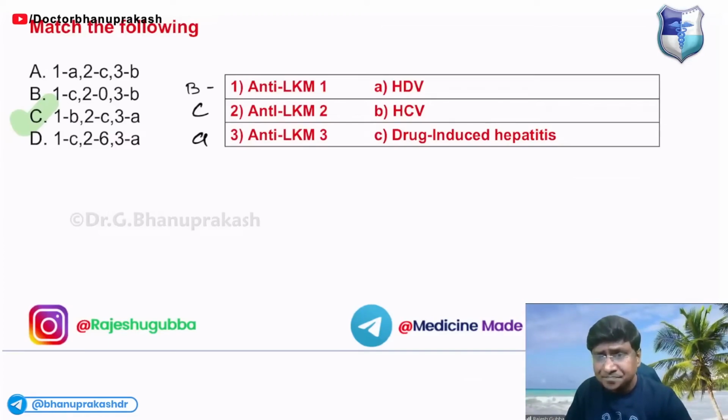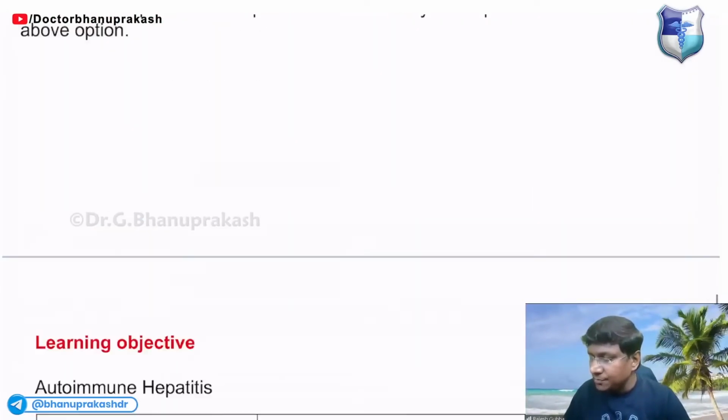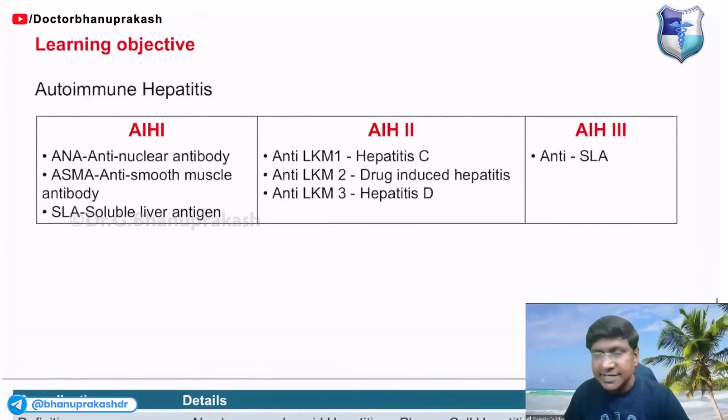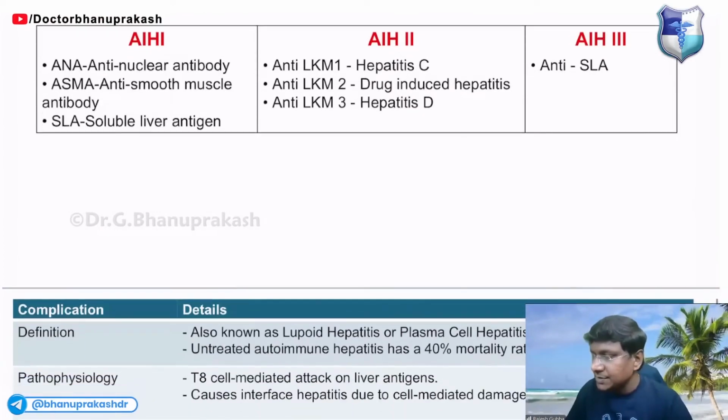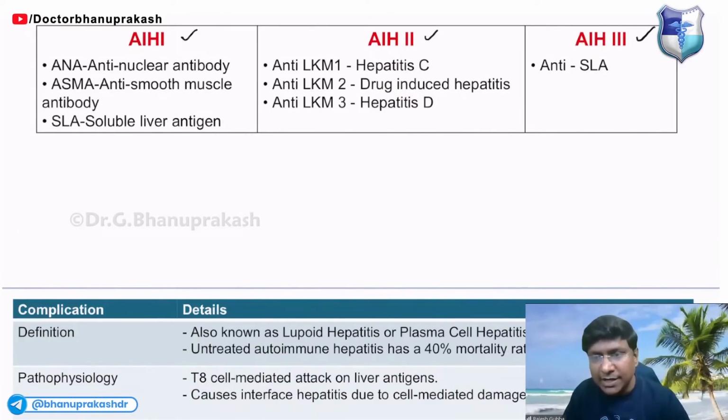So in autoimmune hepatitis, there are three types: autoimmune hepatitis 1, 2, and 3. In autoimmune hepatitis 1, the antibodies are anti-nuclear antibody, anti-smooth muscle antibody, and soluble liver antigen.